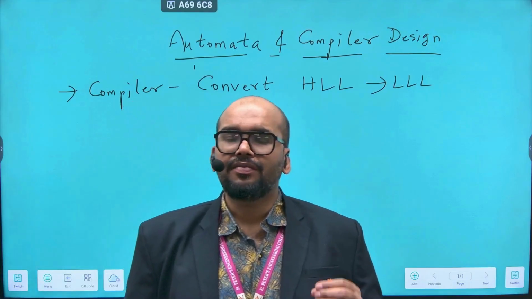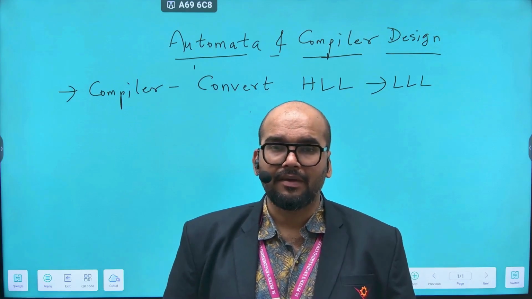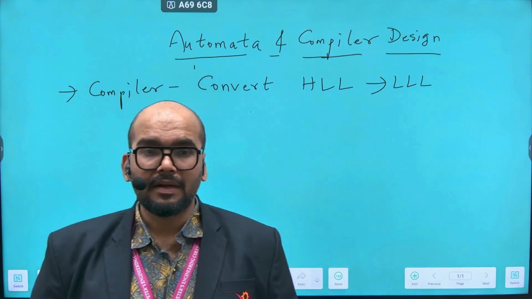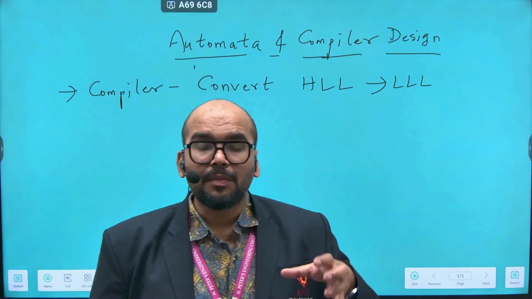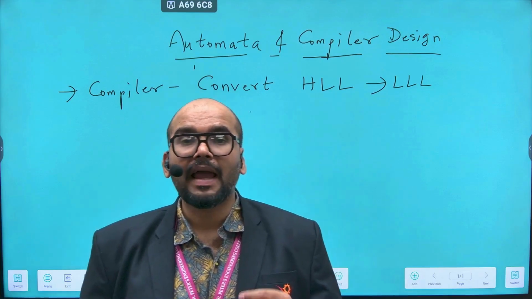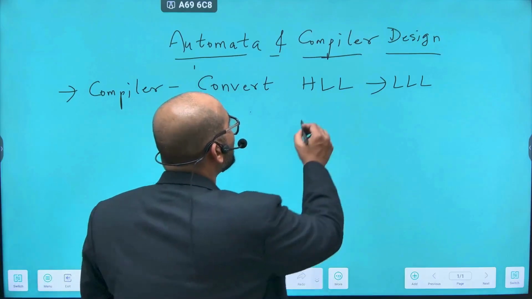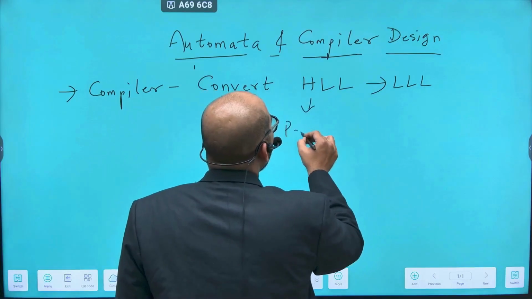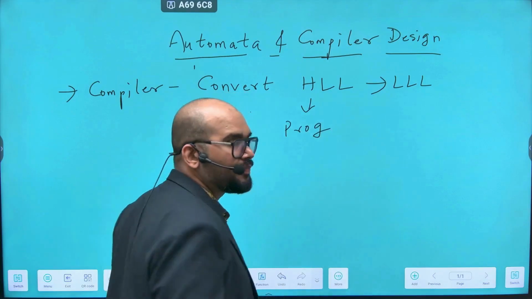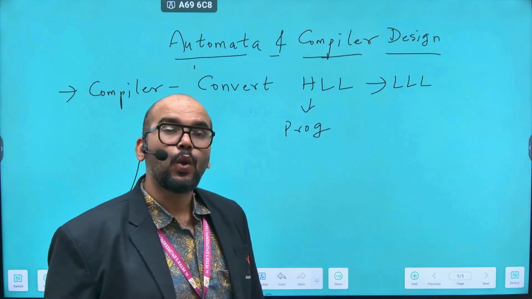Within any such program, we write some high level constructs. That's the reason we refer to every program as a high level language. This high level language is converted into a low level language.